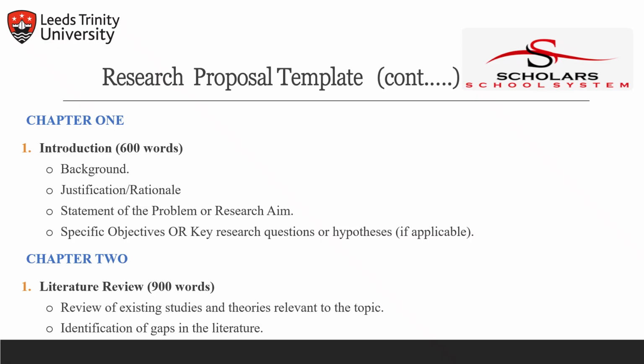Under the introduction, they can write about the background of their selected area of research, and further they have to provide the justification or the rationale about the selected topic in their area of research. They can also provide the statement of the problem or a research aim.